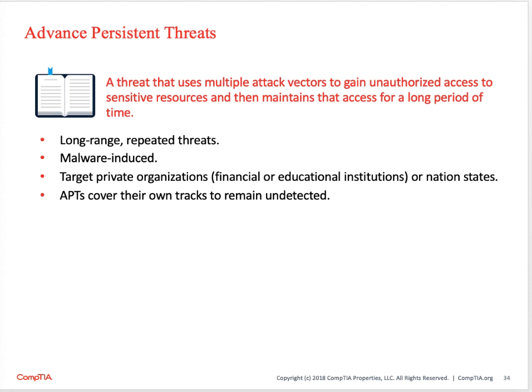They could also target nation states, right? They're targeting the big fish, right? One integral defining characteristic of an APT is that it's designed to cover its own tracks, right? So they can stay protected over a long, long time, and that's why it's persistent, and it's advanced because of who it targets.